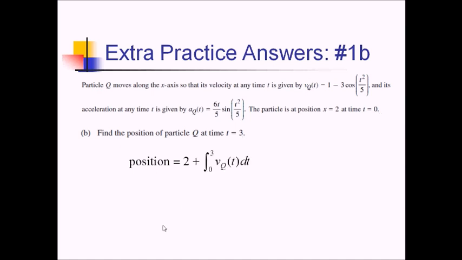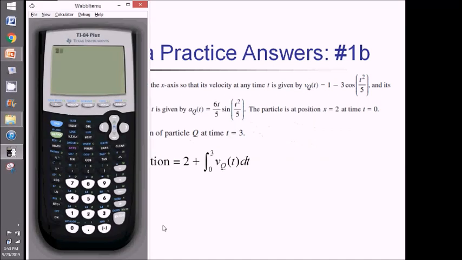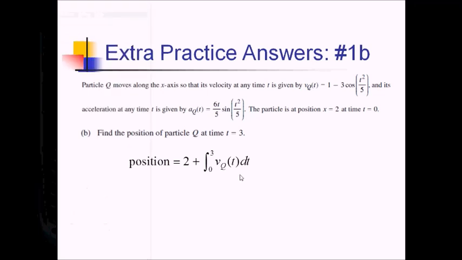I need to do this on the calculator. So I've got 2 plus math 9, going from 0 to 3, and my velocity, which I stored as y1 in my Y=. Let me do alpha trace y1, and then dx. Let's see what this comes out to: about negative 1.490. So that is our new position.